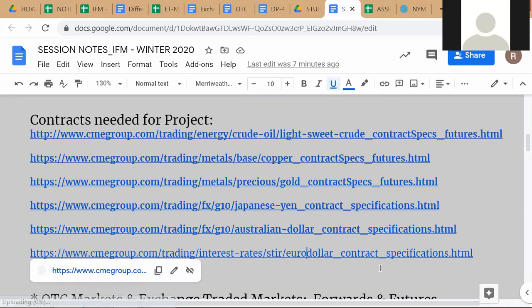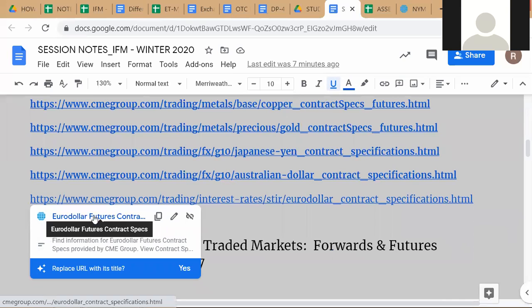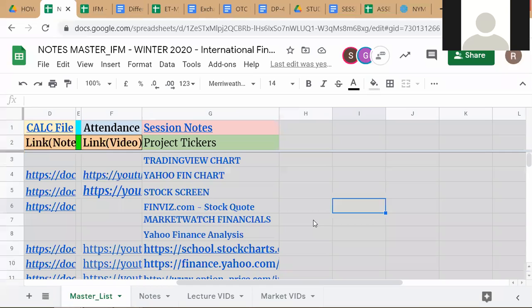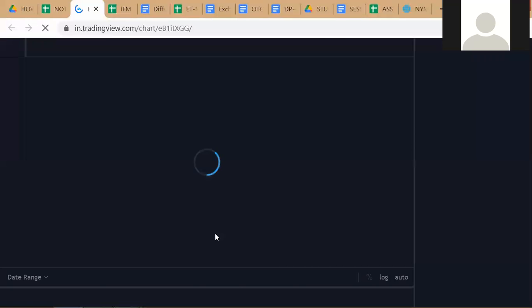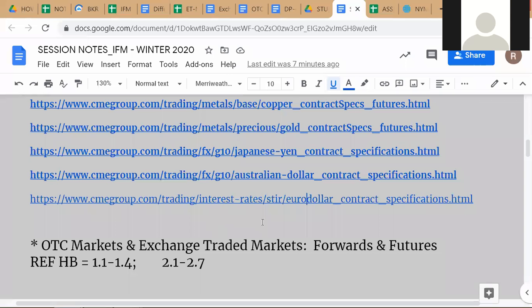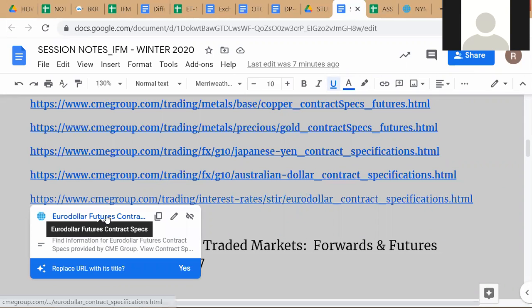So this euro-dollar contract is an interest rate futures contract, the euro-dollar futures. If you remember, the way I have taught you is that you notice this thing is called euro-dollar futures. When you mouse over, you get the euro-dollar futures contract.